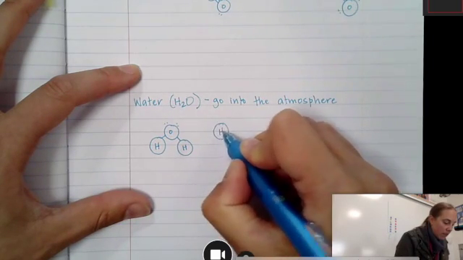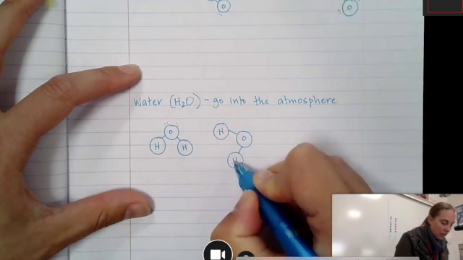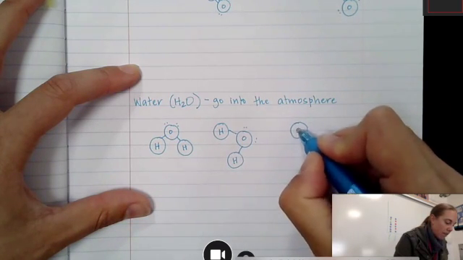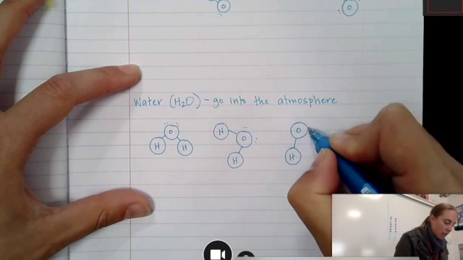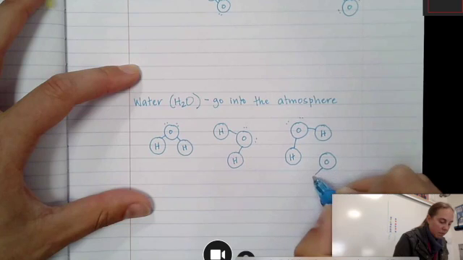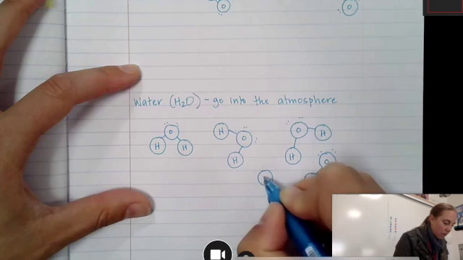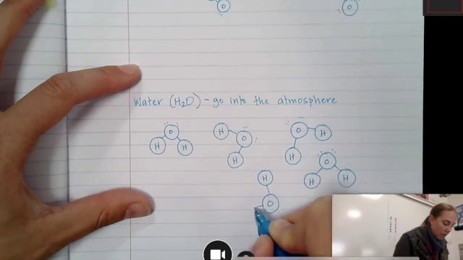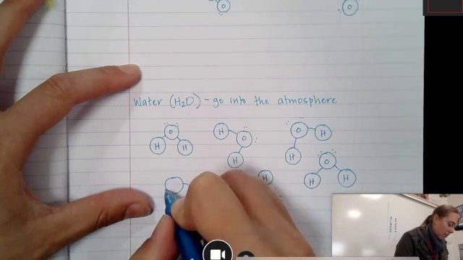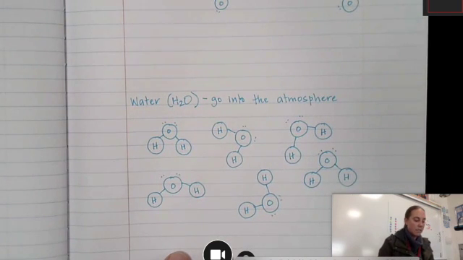So even if I draw this kind of floating around, because it's water vapor, I still am going to make sure that it's always forming that V shape. All right, so there are 6 and 6.